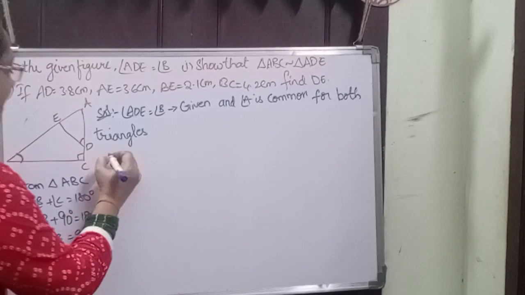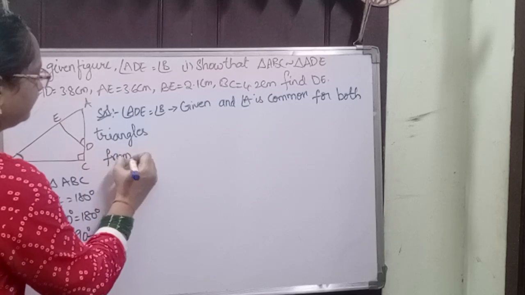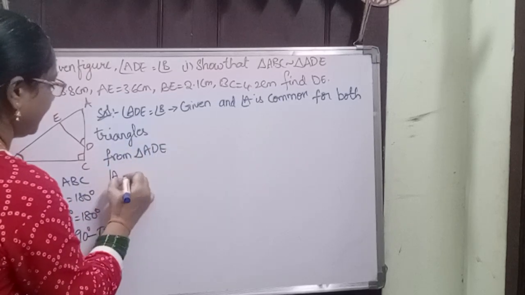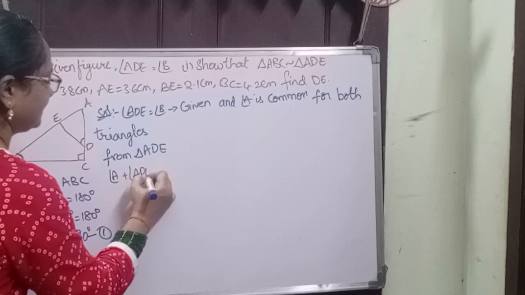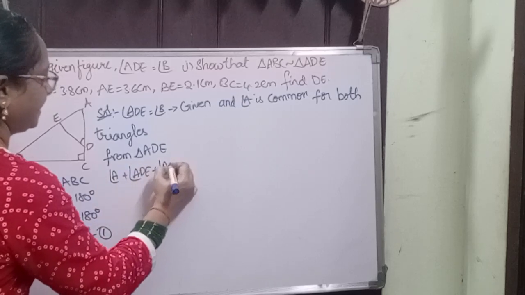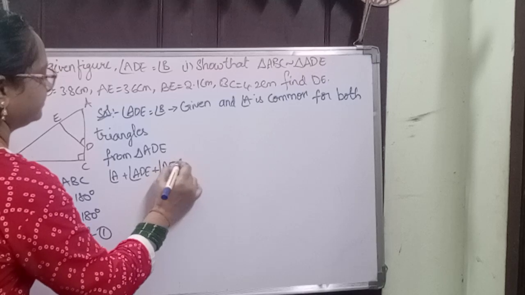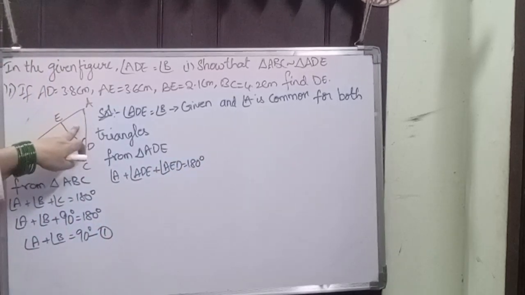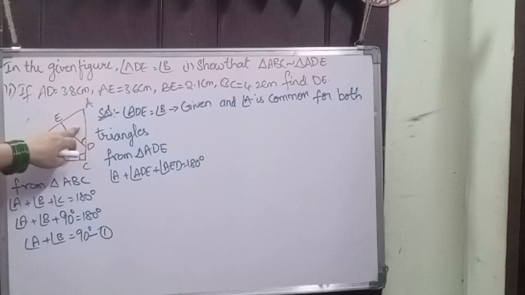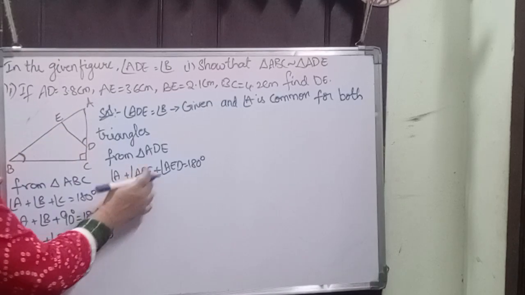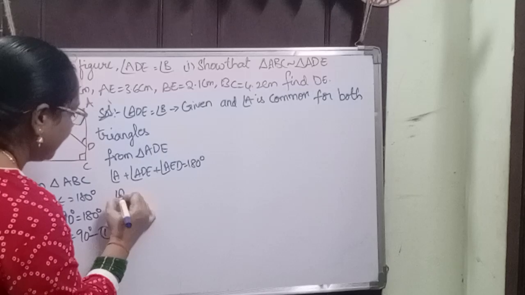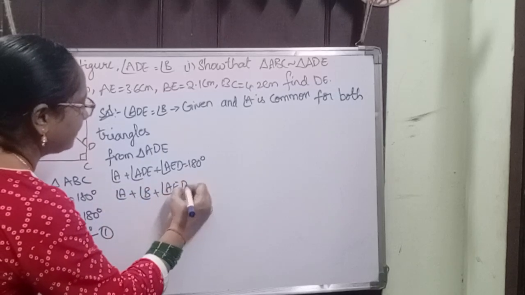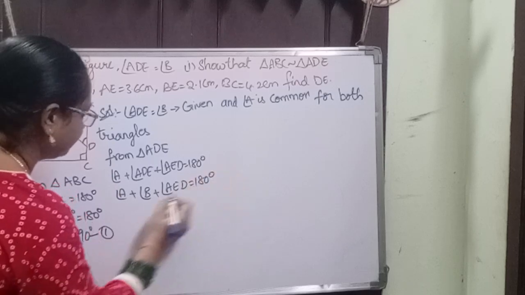Now take from triangle ADE. Angle A plus angle ADE plus angle AED equals 180 degrees. Means this triangle, this small part. But what is ADE? It is angle B. So angle A plus angle B plus angle AED equals 180 degrees.